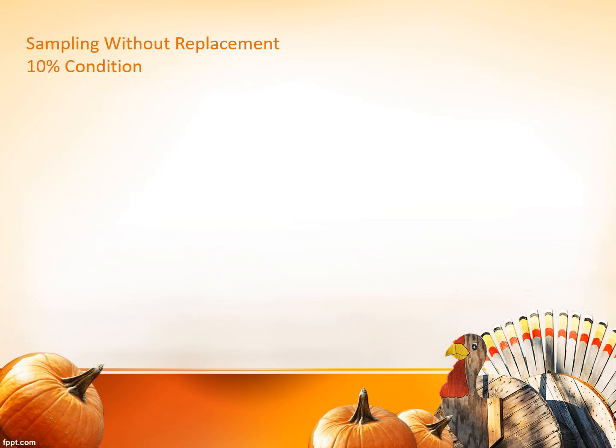So now what we need to do is talk about sampling without replacement and the 10% condition. Sampling without replacement creates a bit of a problem. To remember this, you can think about the Forrest Gump box of chocolates problem, or just think about taking a deck of cards and pulling a card out but never putting it back in.